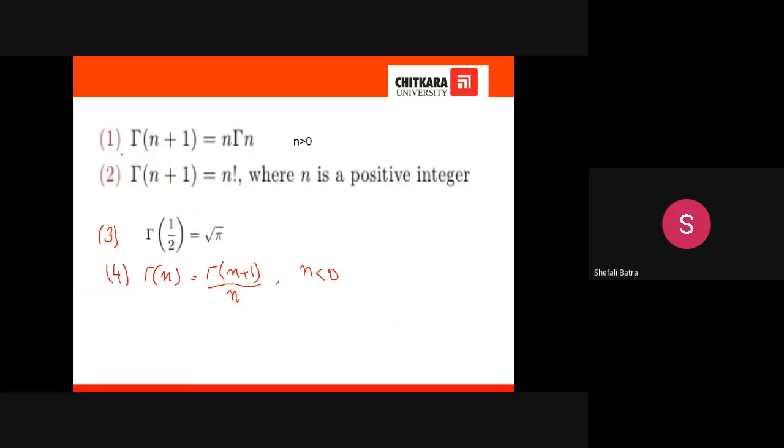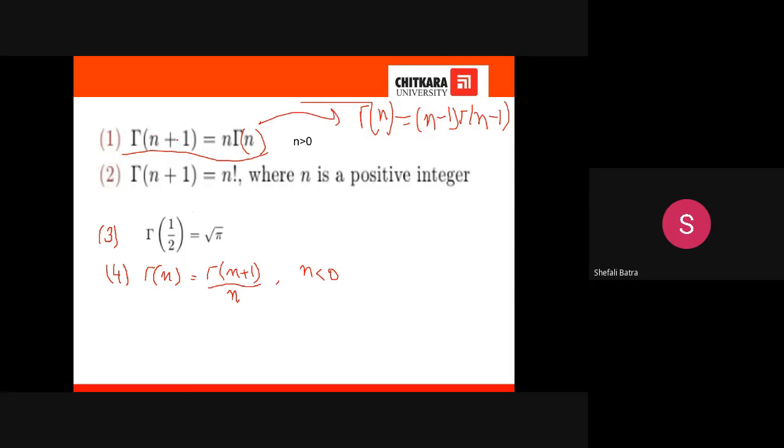First, the reduction formula is gamma n plus 1 is equal to n gamma n. This is the symbol of gamma. It is not T. You will be writing n in brackets. Gamma n plus 1 is equal to n gamma n. Or if I am writing gamma n, that would be equal to n minus 1 gamma n minus 1.